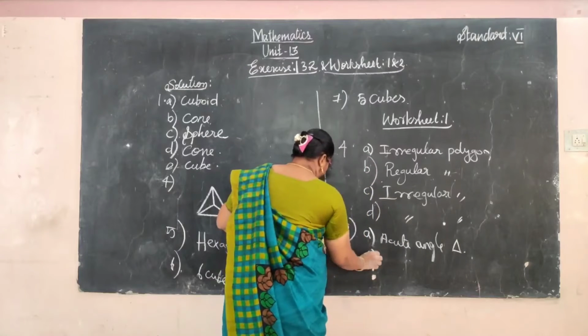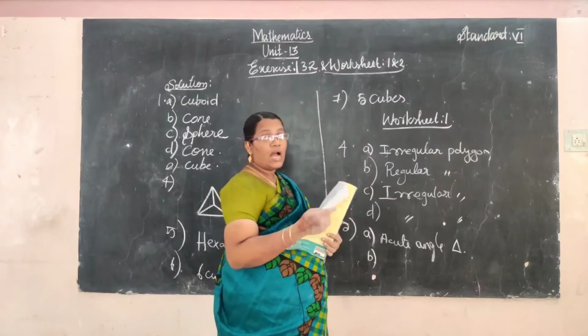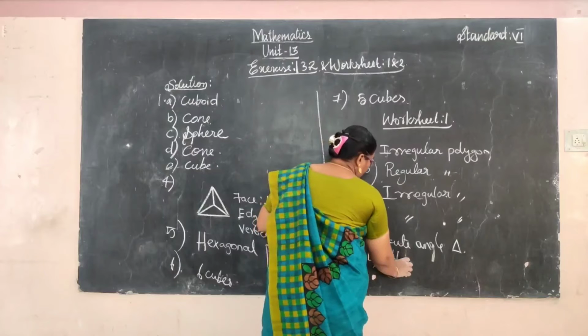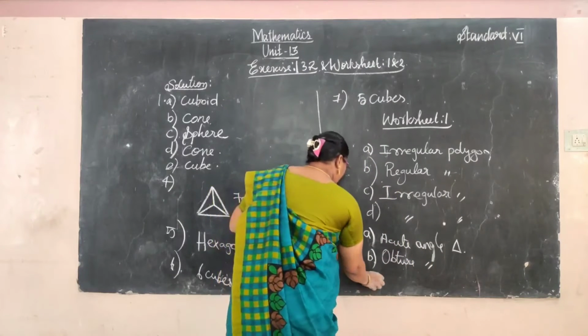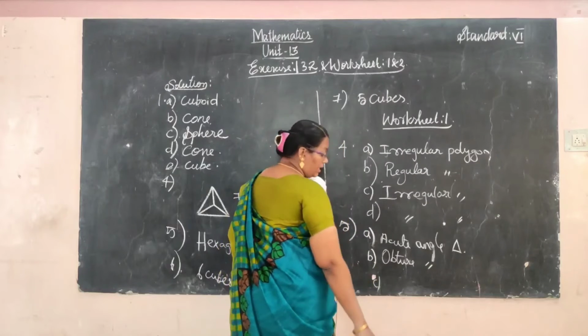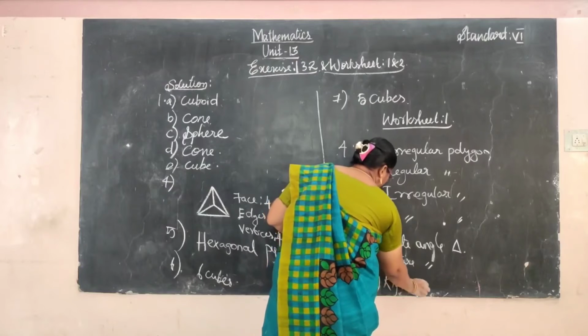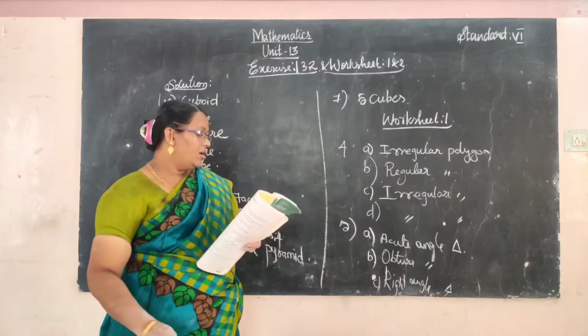And B, one of the angles is obtuse, 124. So it's called the obtuse angle triangle. And see, one of the angles is 90 degree. So right angle triangle.